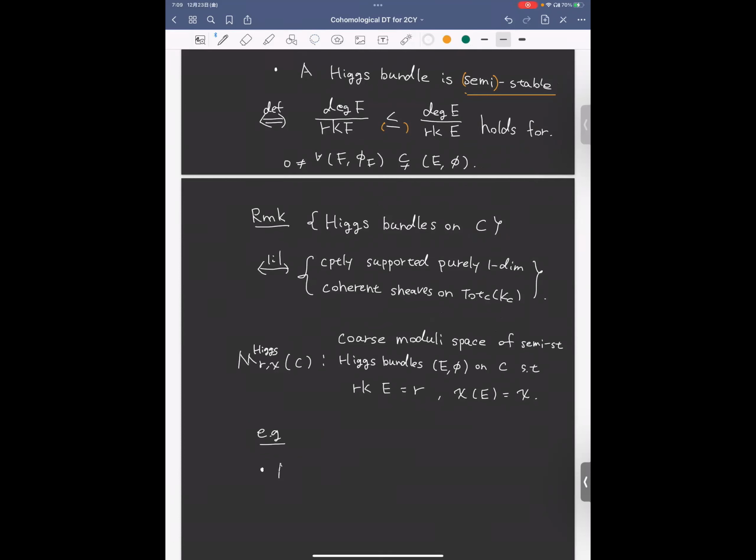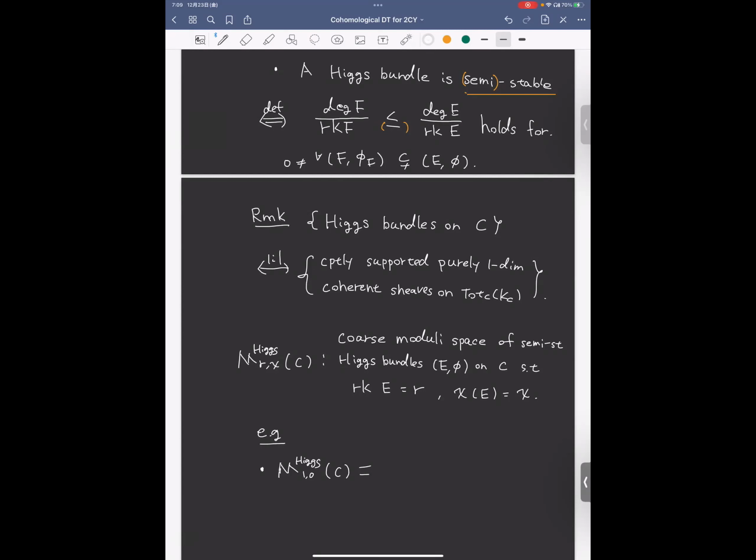We first consider the case when R is equal to 1. In this case, it is clear that all Higgs bundles are semi-stable by definition. So this is a moduli space of all rank 1 and degree 0, Euler characteristic equal to 0 Higgs bundles.